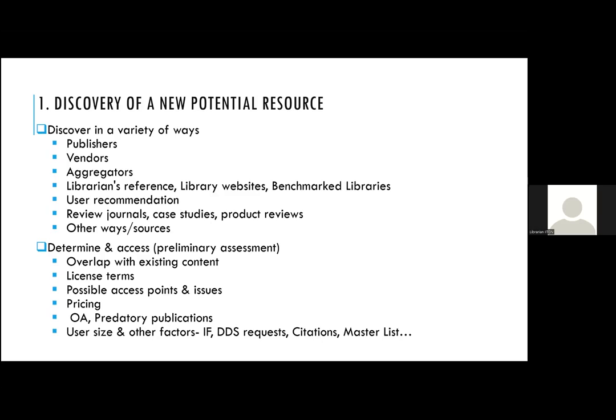There are journals which extensively review electronic products, particularly electronic resources and databases, and there are case studies published by professional colleagues in the professional journals. If you look at Issues in Science and Technology Librarianship, every issue has a product review.